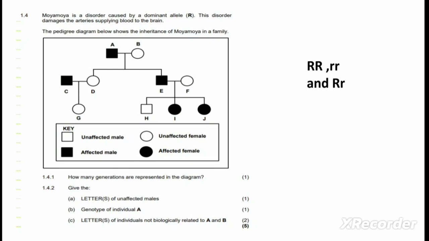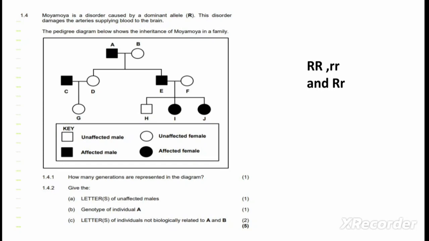Since they said here that it is caused by dominant allele R, other diseases, they can come and say hemophilia is a disorder caused by a recessive allele r, which will be small letter then. So it means that if you have those two r's that are small, now you are affected, no longer unaffected.